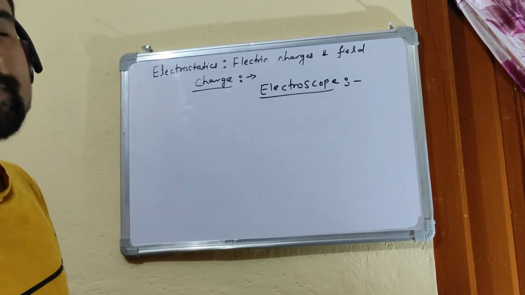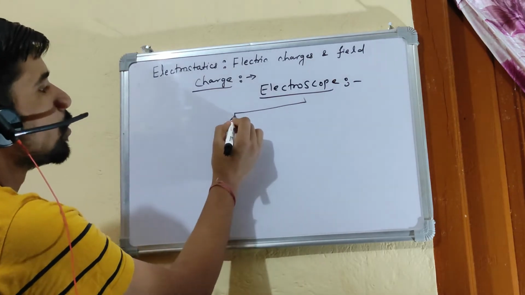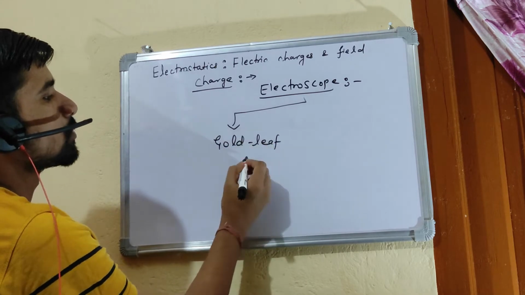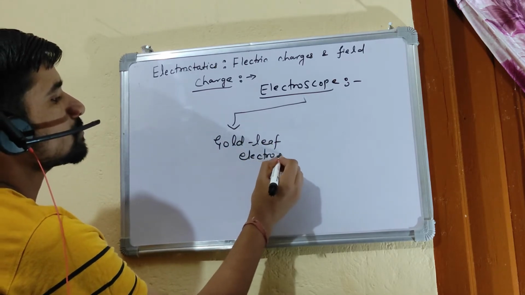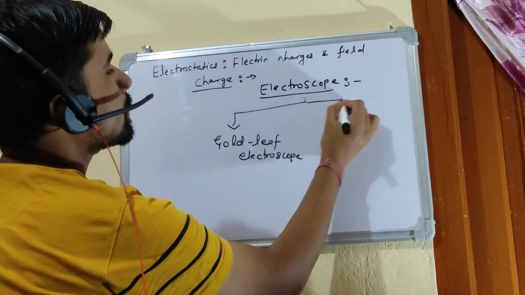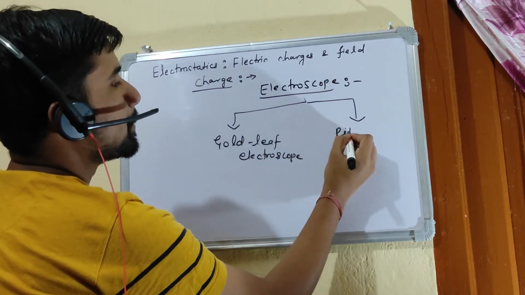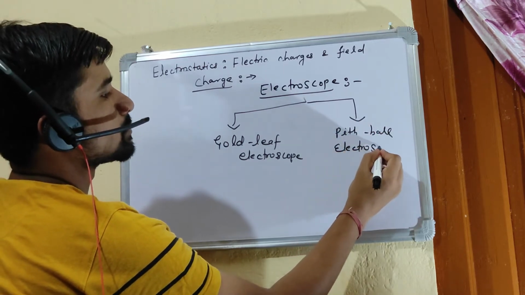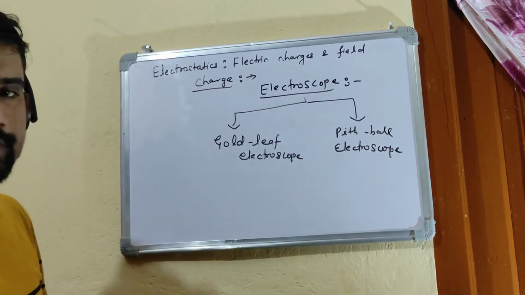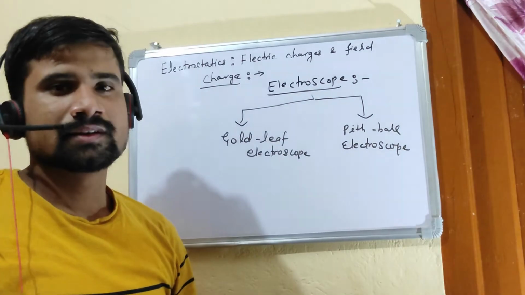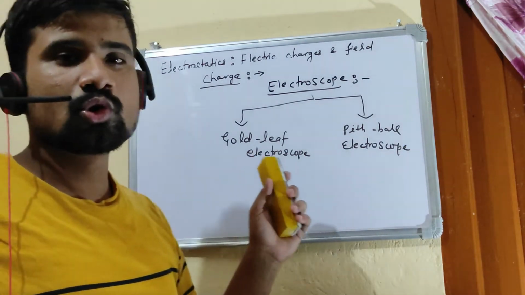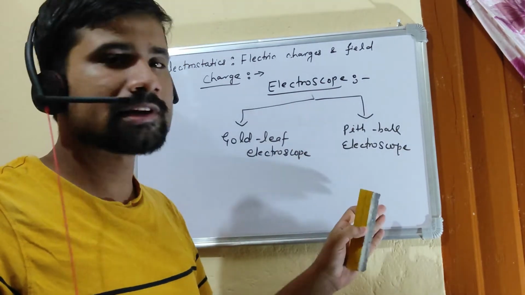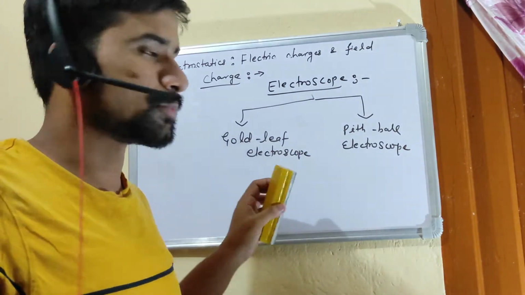So there are two types of electroscopes which were invented. One is called as gold leaf electroscope, and another one is called as pith ball electroscope. Okay, so we'll be talking about gold leaf electroscope in detail, and we are not concerned about pith ball electroscope as of now, which is not in our scope.